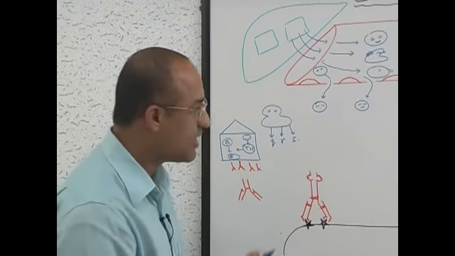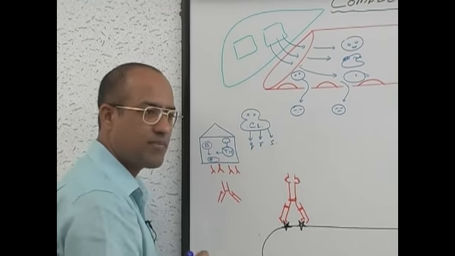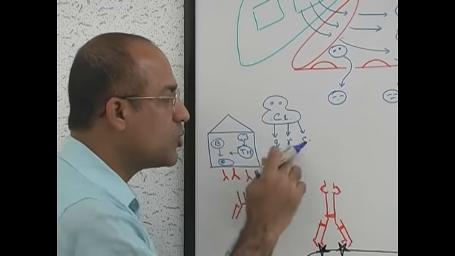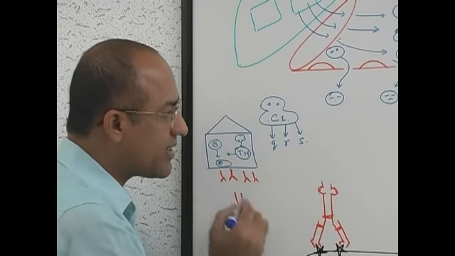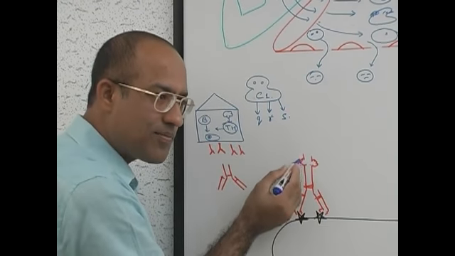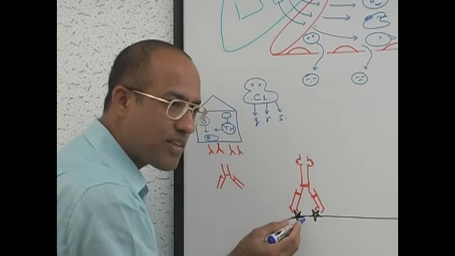Is that right? So we say that complement 1 protein has 3 peptides or special domains, QRS. This Q point can interact with activated antibody in complex with antigen.